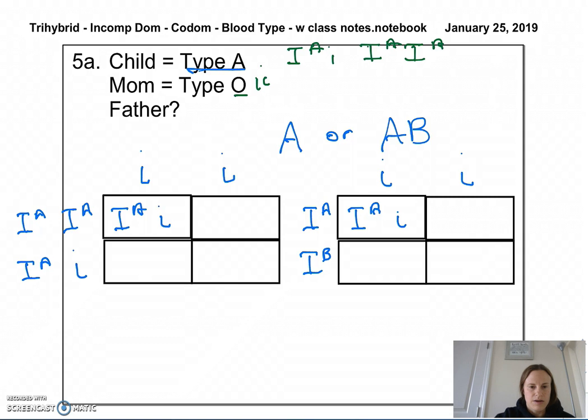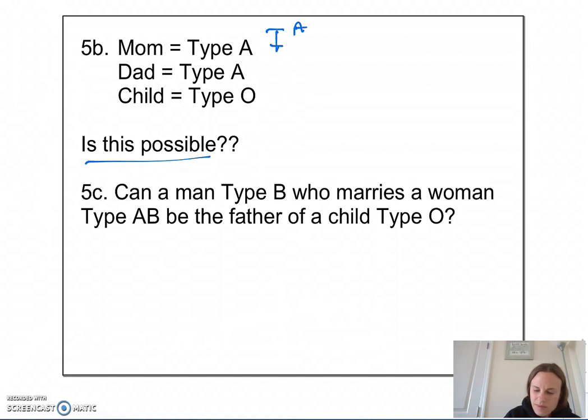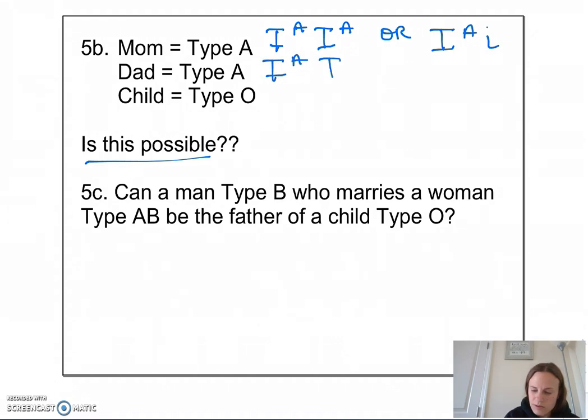Let's look at another example. I've got mom with type A, dad with type A, and child with type O. And is this possible is what we're being asked. I could have blood type homozygous A, or you could be blood type heterozygous A. Same goes for dad.